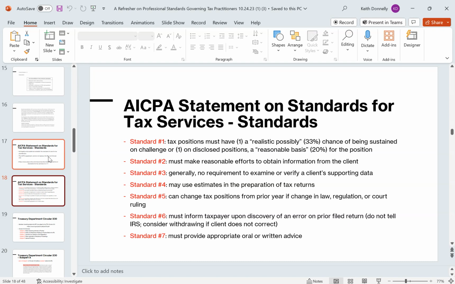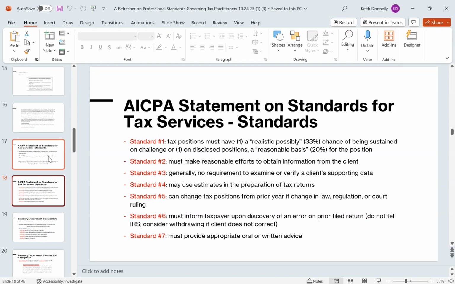The next standard here, right, you have to make reasonable efforts to obtain information from the client. Generally, you're not going to have to examine or verify a client's supporting data. What that means is what the client gives you, unless you have reason to believe, or a reasonable third party would believe, this is really messed up, you can take them at their word, right? So in practice, for example, you prepare 1040s.